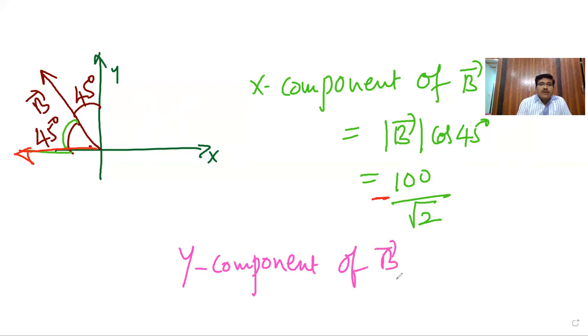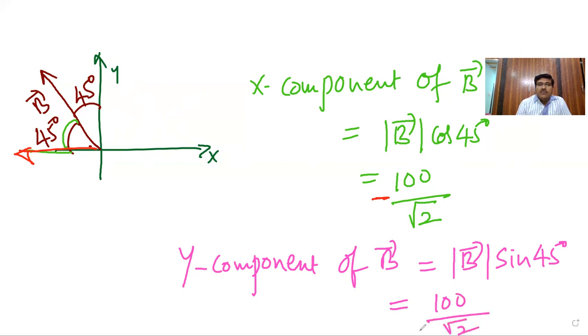b bar. How much? The magnitude of b bar into cos 45 is the x component. Automatically, the vertical component becomes sine 45. So this is magnitude 100, sine 45 root.